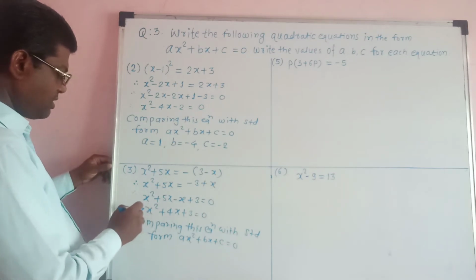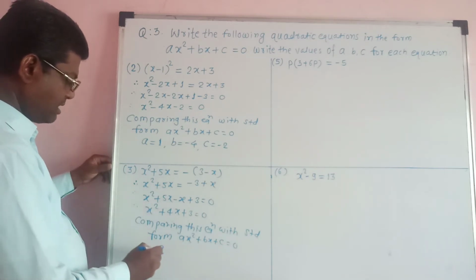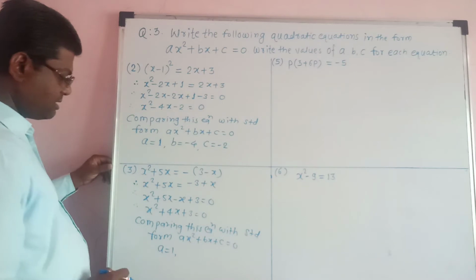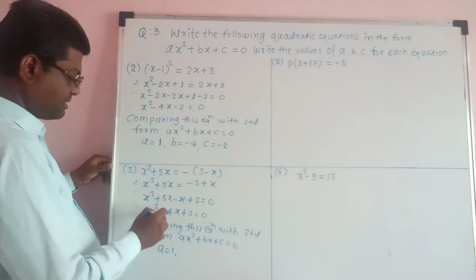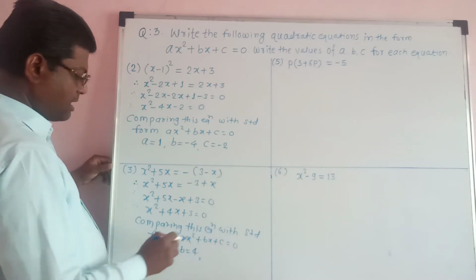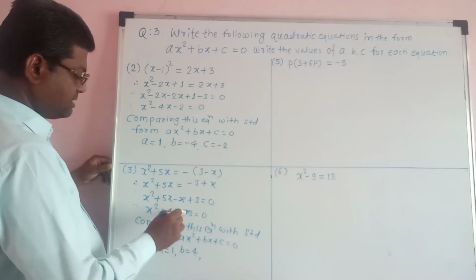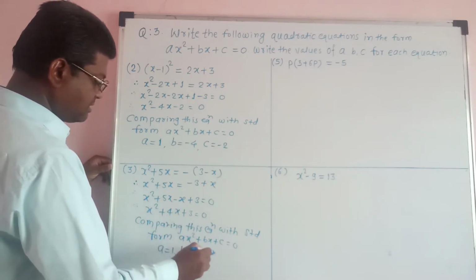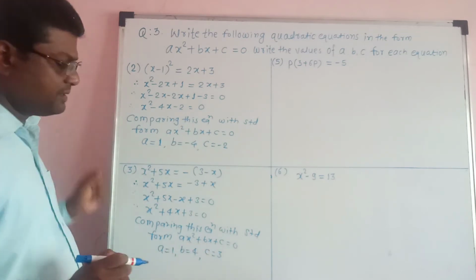Here coefficient of x square is 1, therefore a is equal to 1. Coefficient of x is 4, therefore b is equal to 4. And the constant term c here is 3. C is equal to 3.